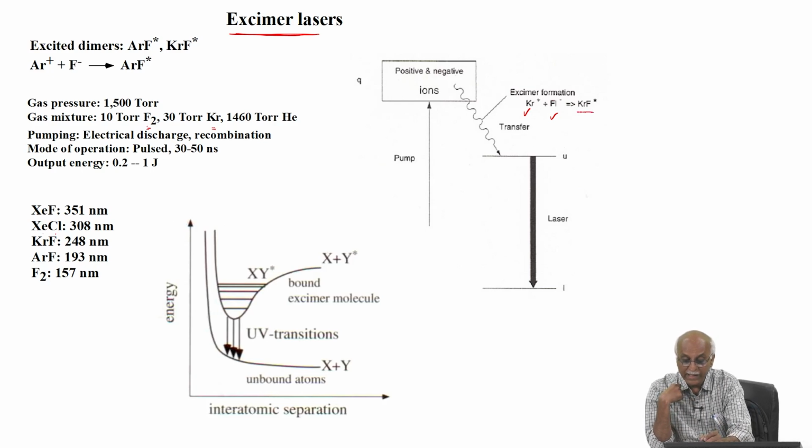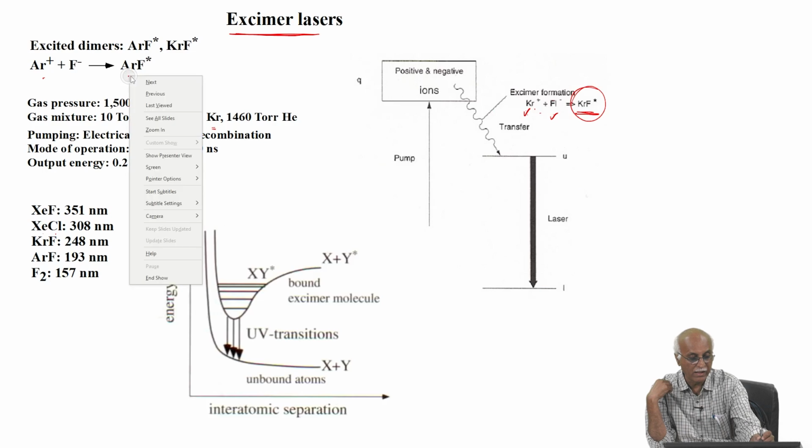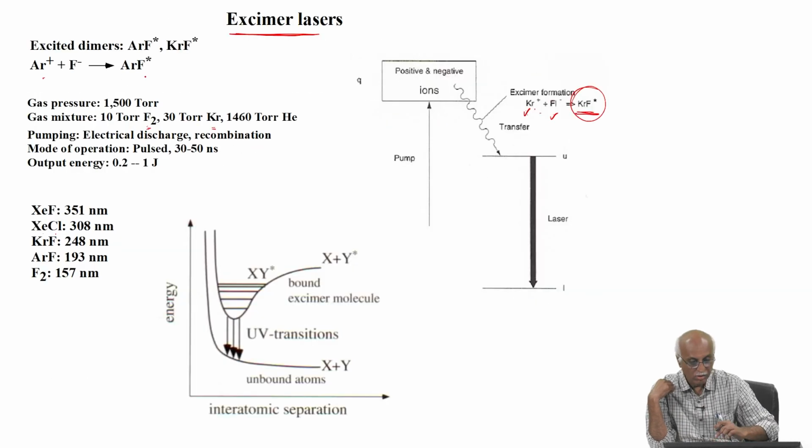The highly reactive fluorine will interact with this Kr plus or argon plus and form KrF radicals or ArF. These radicals are short lived, but they immediately go to a metastable level.